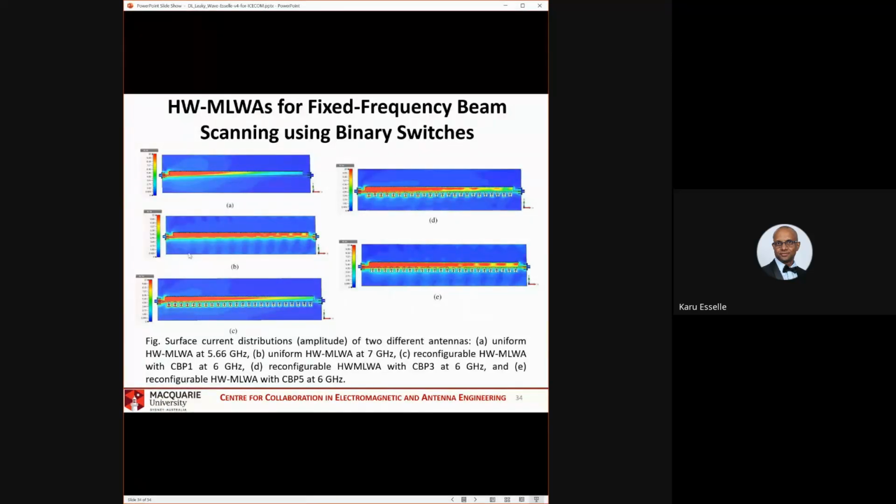Now this is the same antenna at a higher frequency, 7 gigahertz. Now alpha is smaller and it does not decay very well, and there is some energy left over, and that is absorbed by this load. I think this relates to the question yesterday, whether this is a two-port device.